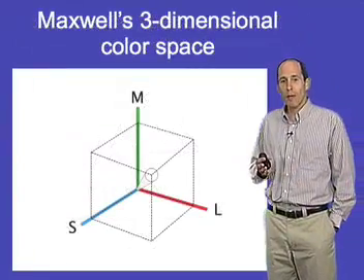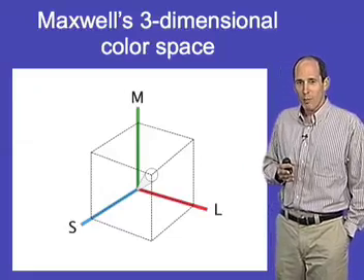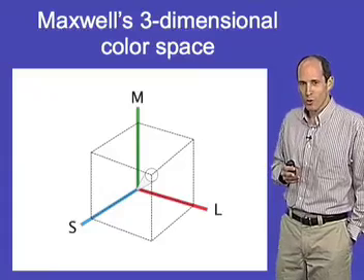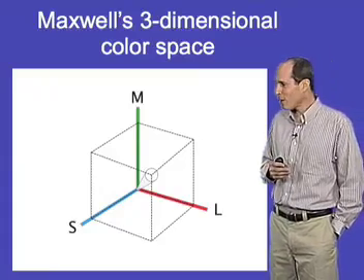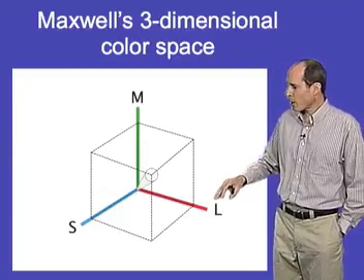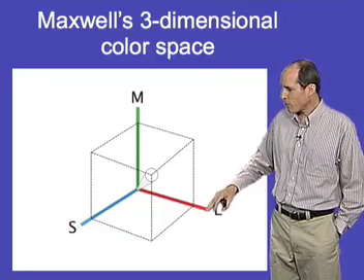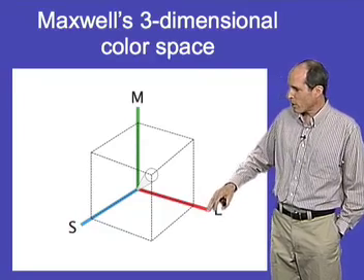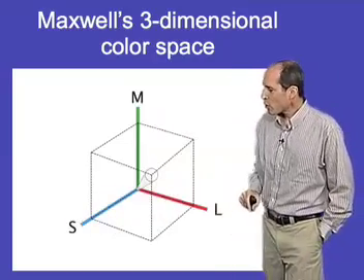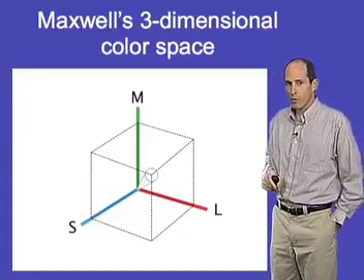As part of Maxwell's experimental approach to analyzing human color vision, he brought to us a conceptualization of color perception, which is extremely useful and is shown here. Maxwell thought that we could conceptualize color space as a three-dimensional space in which each of the three axes, as shown here, the L, the M, and the S axes, correspond to the degrees of excitation of each of the three classes of cones.